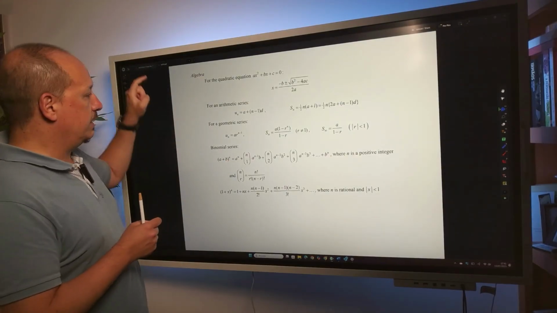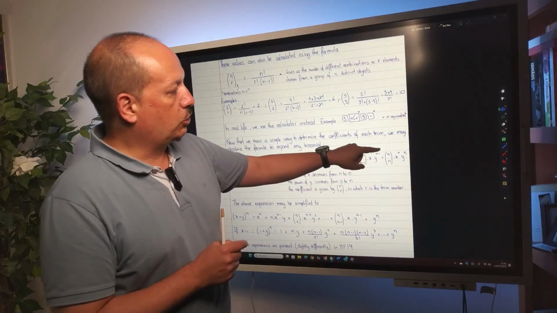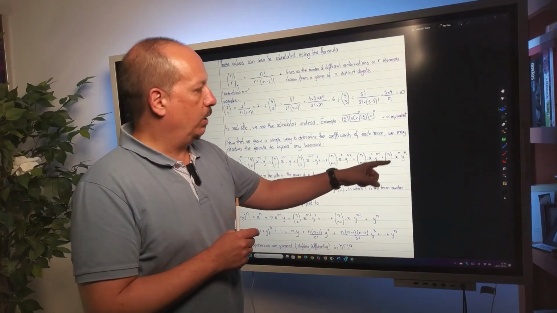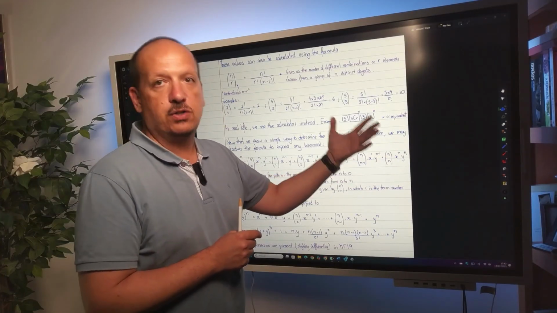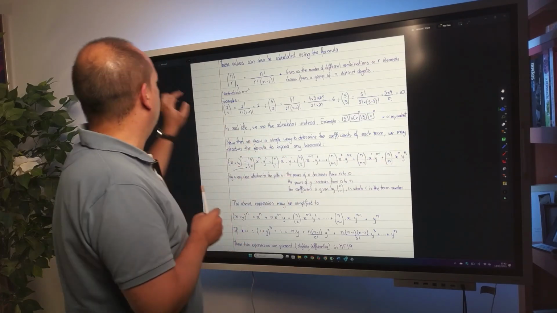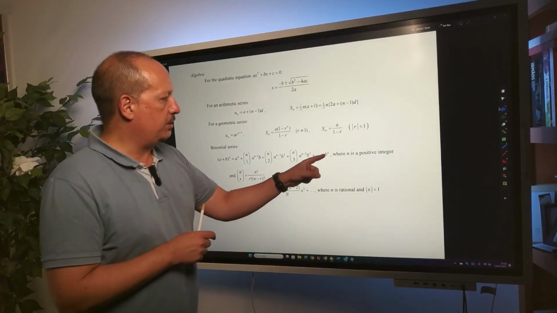For the same reason, the last term, I wrote it over here, but combination n,n is always going to be 1. x to the power of 0 is always going to be 1, so the last term is always going to be y to the power of n, or using the notation that they have in the MF19, b to the power of n.